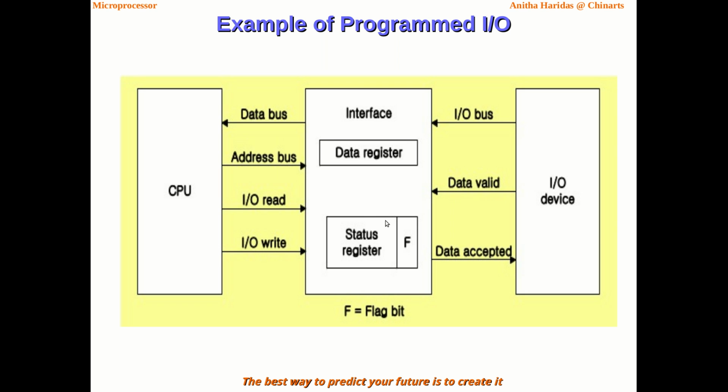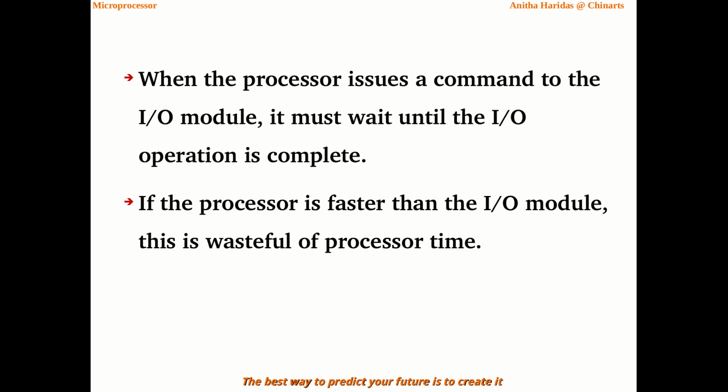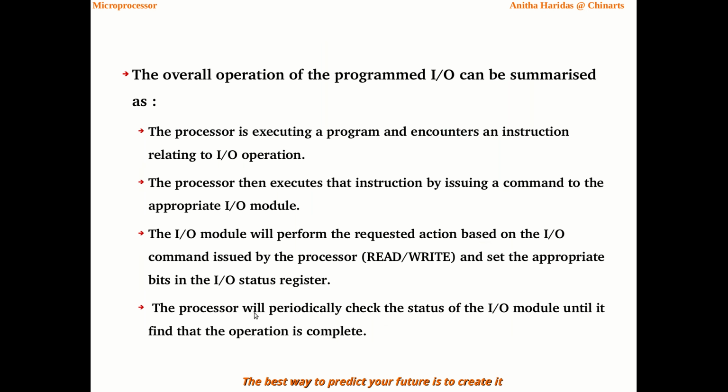So the input device will set the flag in the status register. This flag bit will be checked by the CPU, and if the flag bit says it is ready for receiving or sending the data, then the CPU will take the data or send it to the output device. So this is what it means when it says the processor will periodically check the status of the input output module until it finds the operation is complete.